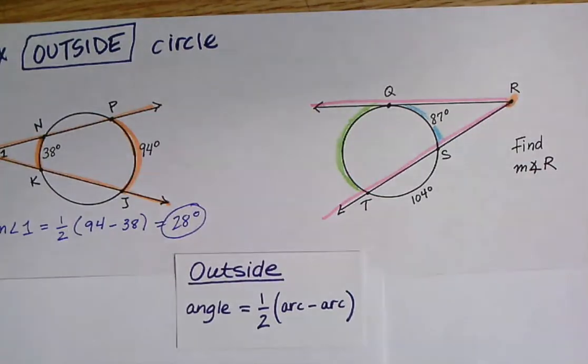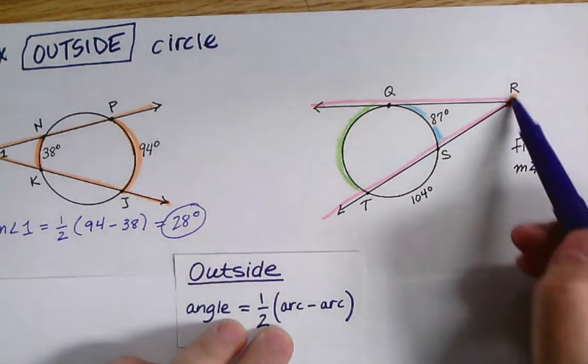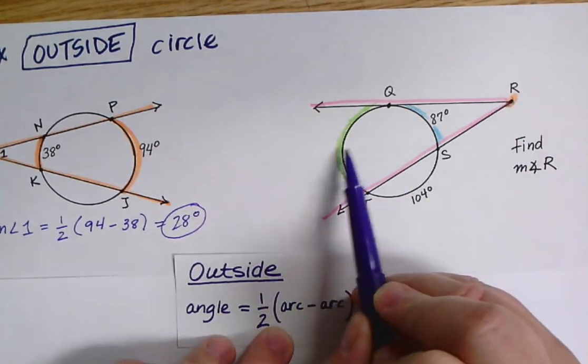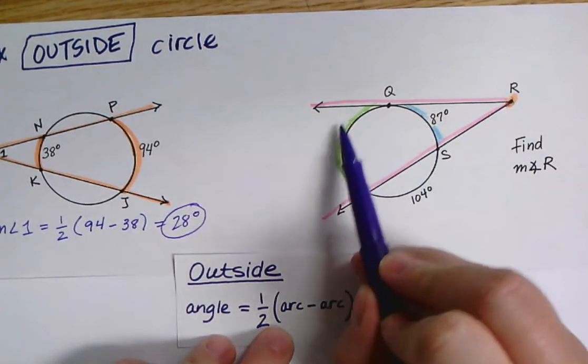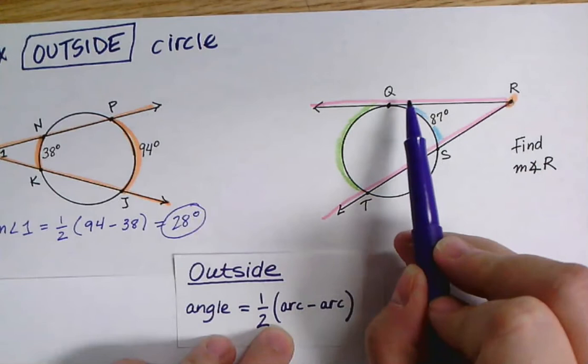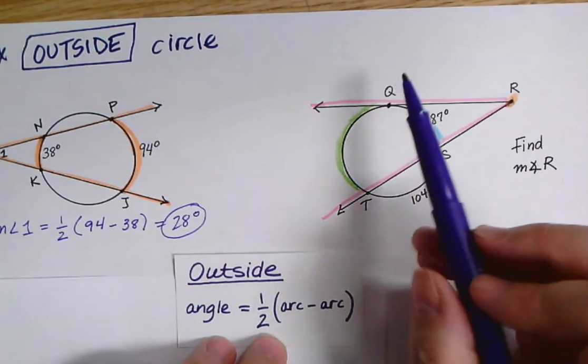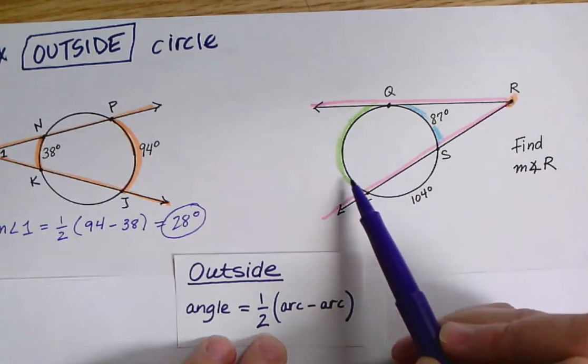My video recorder cut out in the middle of that problem, and I'm not exactly sure where, so let's just restart looking at this one. The vertex is outside. These are my two intercepted arcs, the green one QT and the blue one QS. The problem here is I don't know the green arc measure.